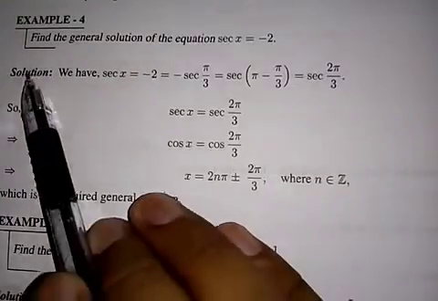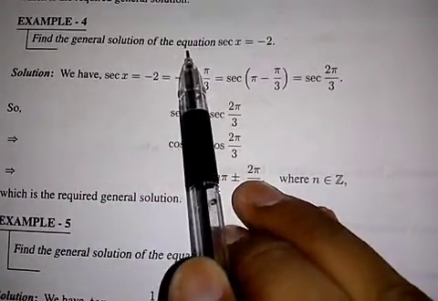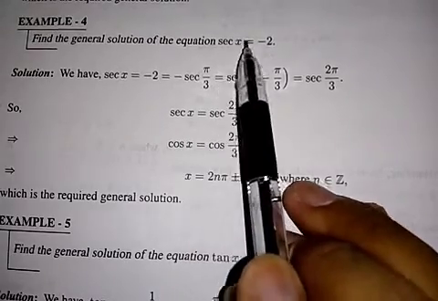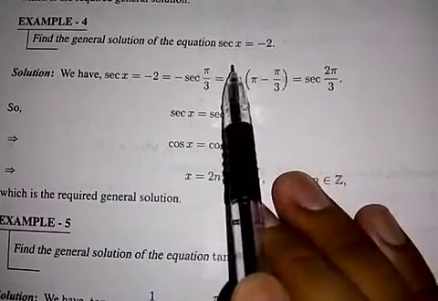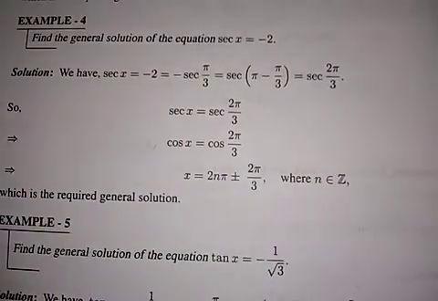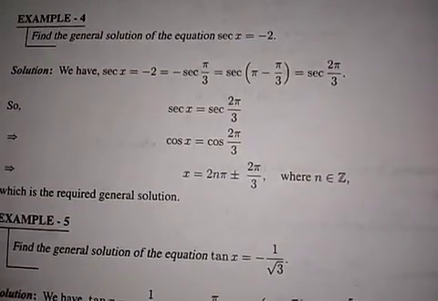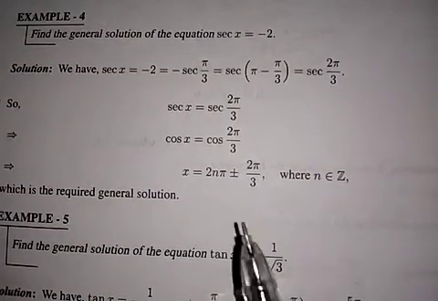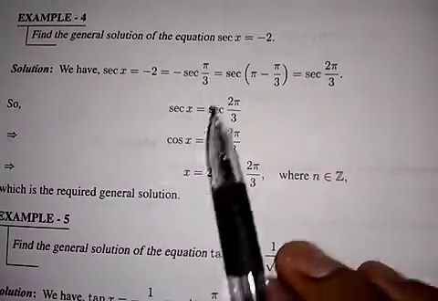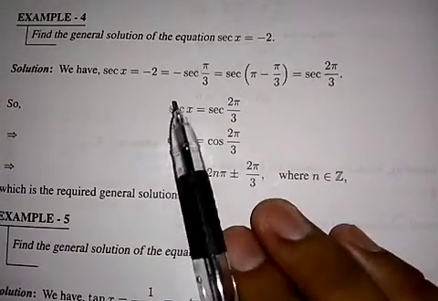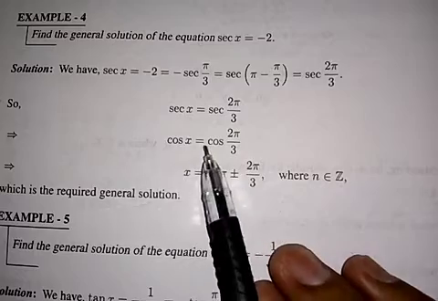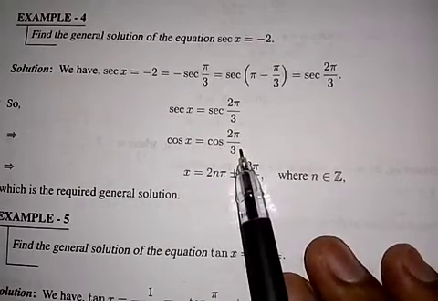For example, find the general solution of the equation sec x equal to minus 2. We don't have a general solution for sec, cosec or cot, but we can change the given equation into cos. We can write here cos x equal to cos 2π by 3.